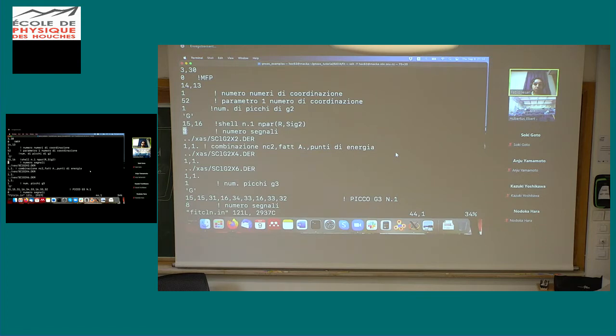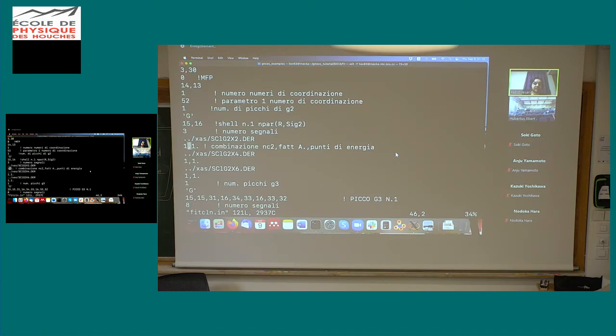So we want to put all the single scattering, double scattering, and triple scattering. So we put a total of 3 signals. And for each one, we have to give the name, the file of that derivative calculated with GNXAS. And then we have to give 2 numbers, which are the corresponding coordination number.